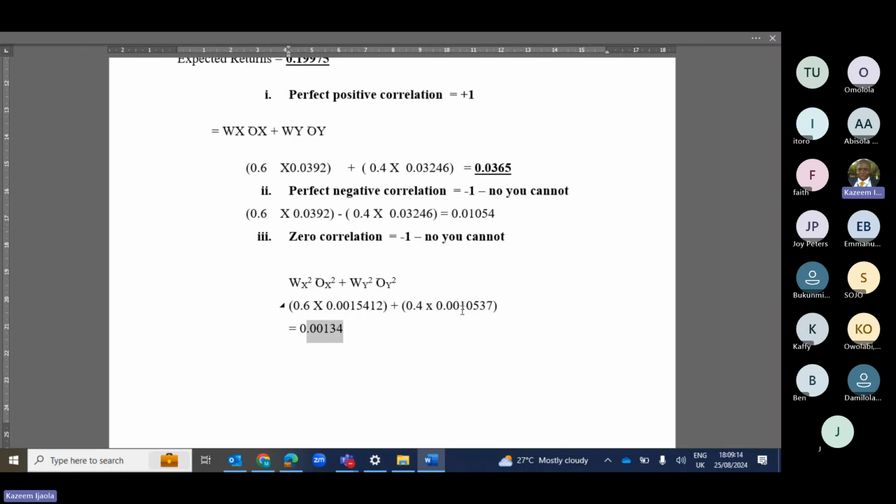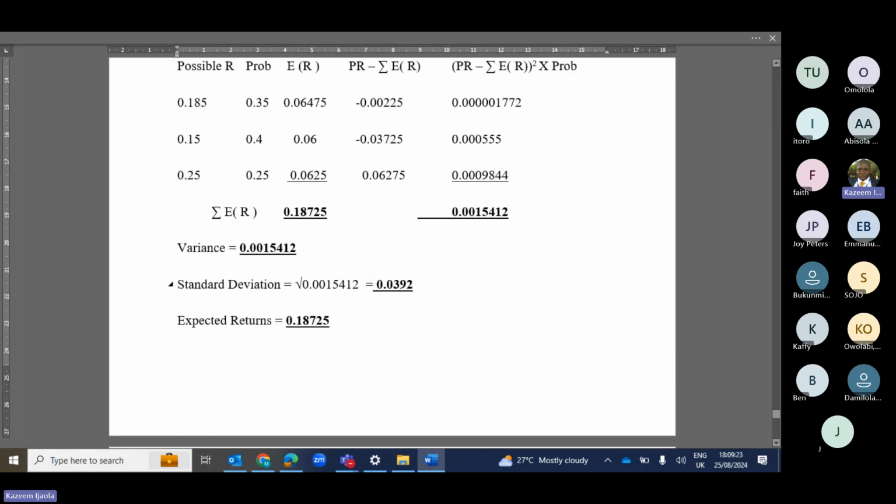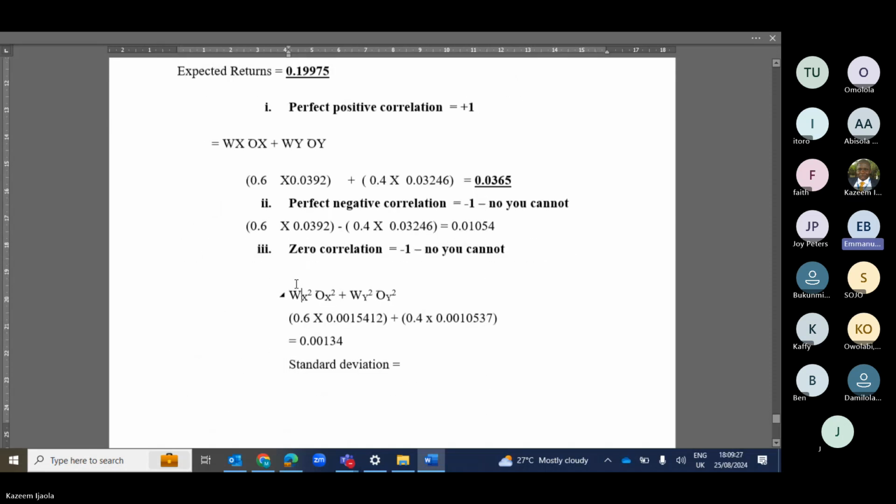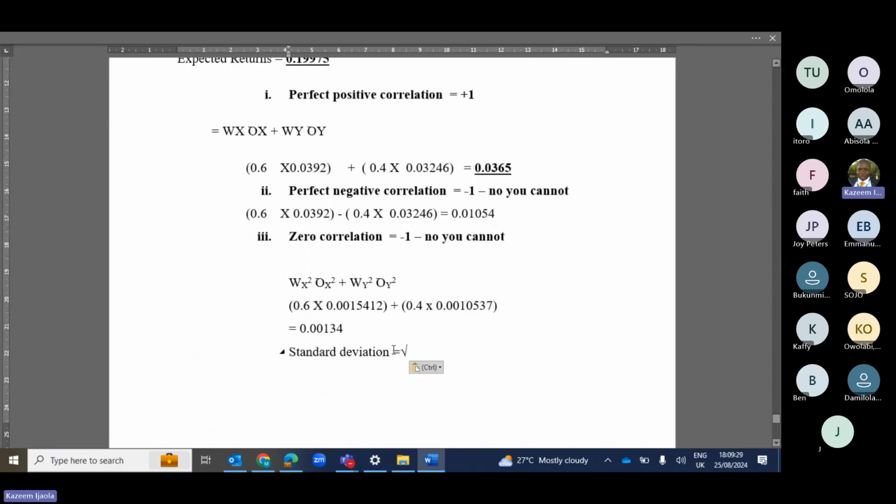This is what I got. So the standard deviation is going to be the square root of this. Where is my square root sign? Okay, so what's the answer? 0.0366.